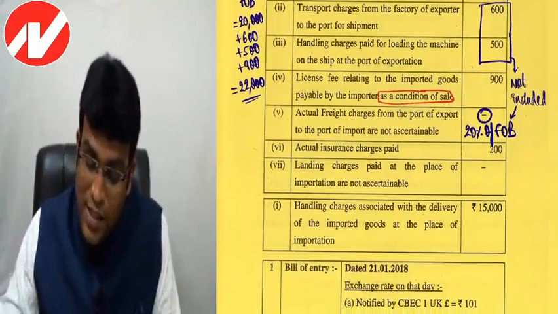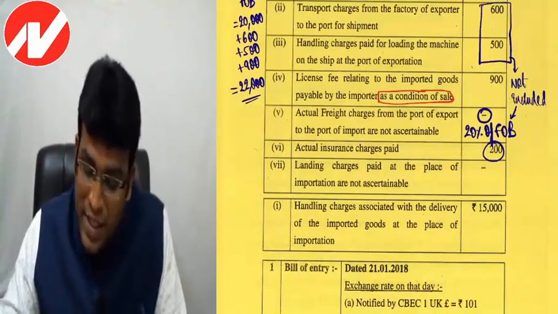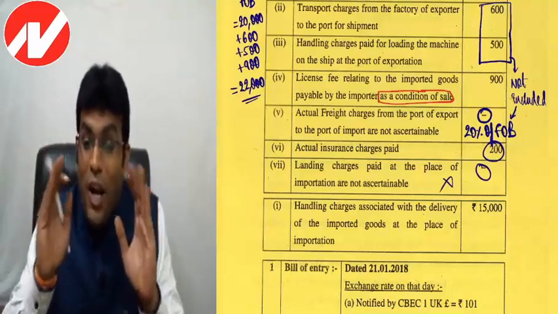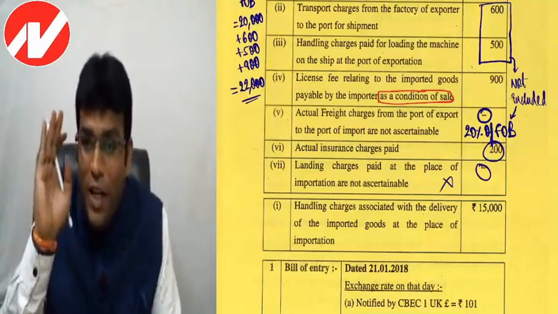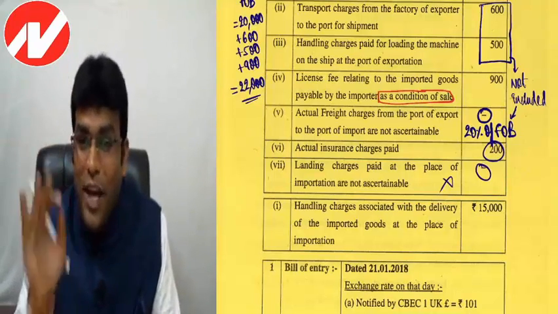Actual insurance charges, 200, that also we will take into account. Then landing charges not ascertainable, nothing to do, because there is nothing called landing charges. Once upon a time there was a concept called landing charges, take 1%, but it is not there now.